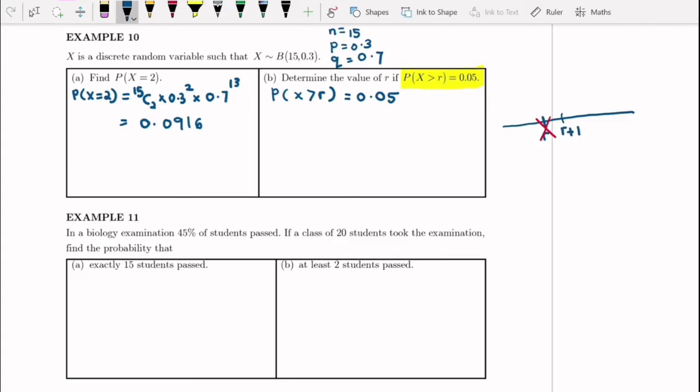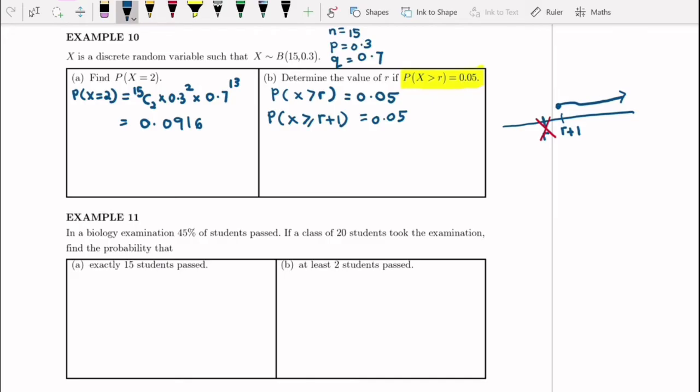So probability x greater than r is equals to probability x greater equals to r plus 1. And why we need to change from greater than r to greater equals to r plus 1? Because the binomial table only gives the value for greater equal. So that's why we need to change.